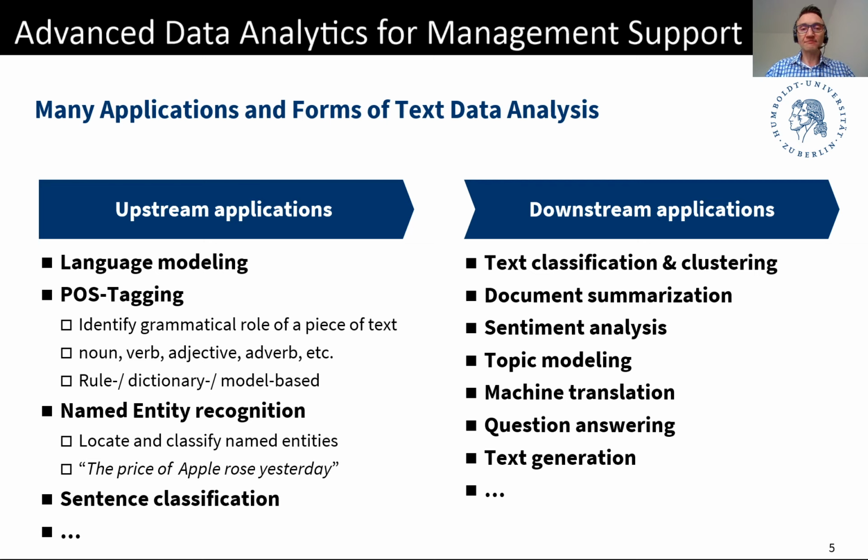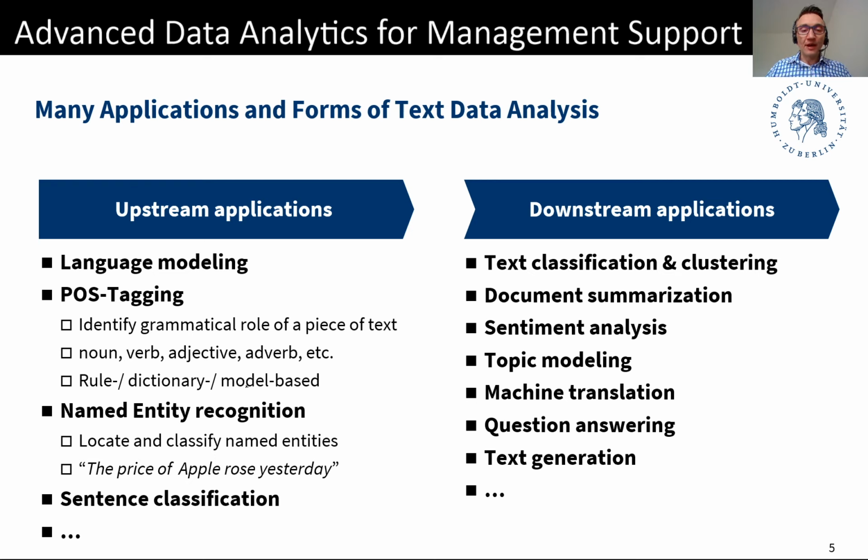This means processing a bunch of text and finding the named entities, like in this example here, the price of Apple rose yesterday. For us, it's obvious that we don't talk about the fruit, but the company, but a computer might not know that. How would a model know that the word Apple in this context is a named entity? It's a company or another type of entity.